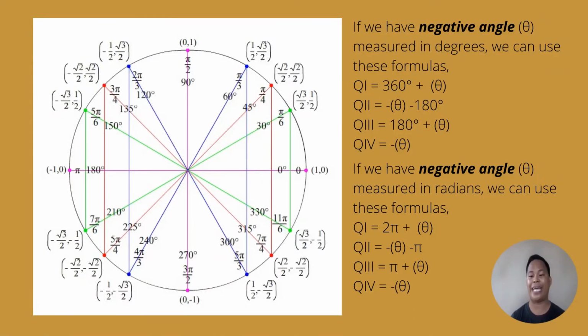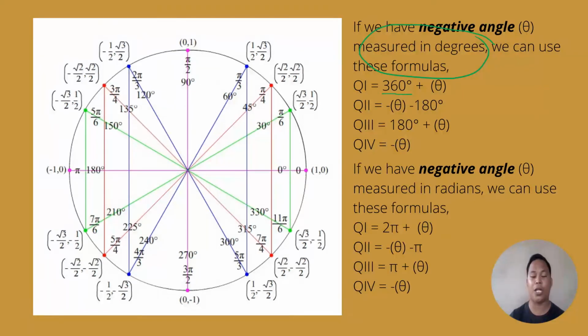Kung given naman po ay negative angle, we need to find its positive coterminal angle po. But these rules or formulas will help you to find the reference angle of a negative angle. A negative angle measured in degrees. If the terminal side of the given angle is in quadrant 1, we need to add the negative angle to 360 degrees.